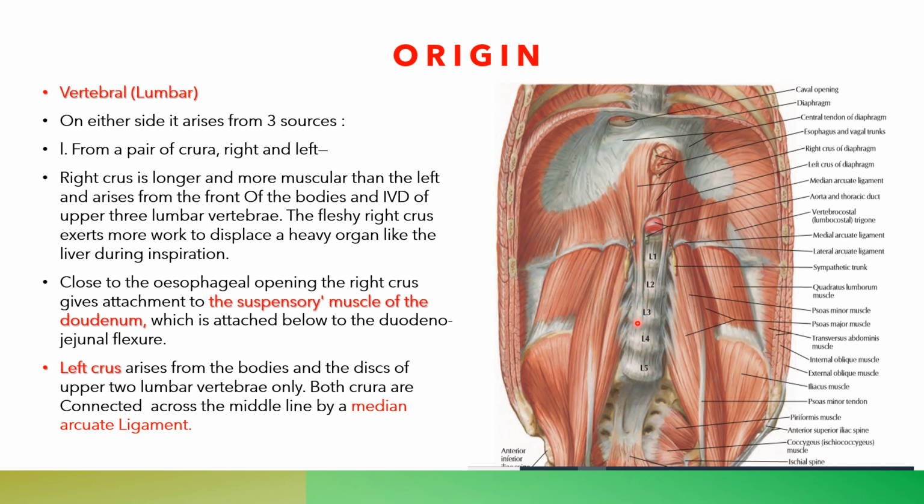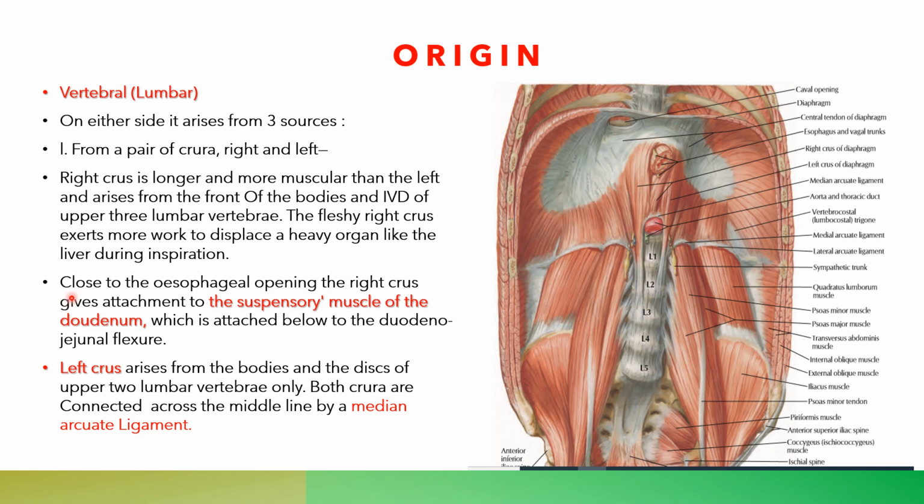The fleshy right crus exerts more work to displace heavy organs like the liver during inspiration. Okay, you see the displacement of heavy organs like the liver during inspiration because of the fleshy right crus.